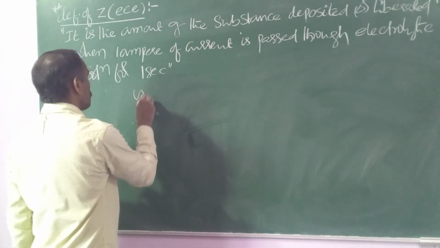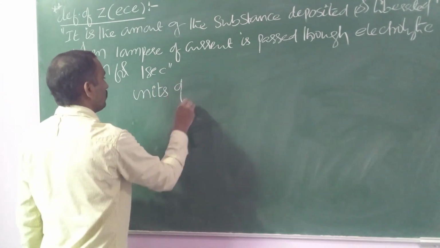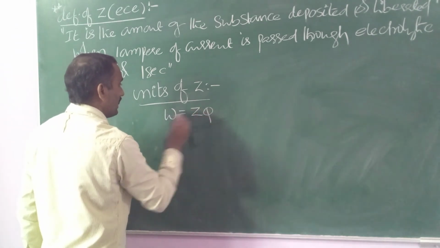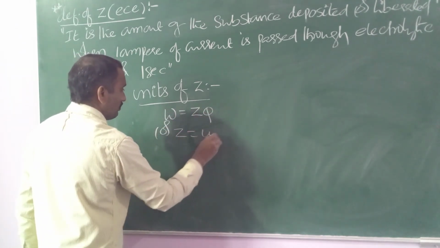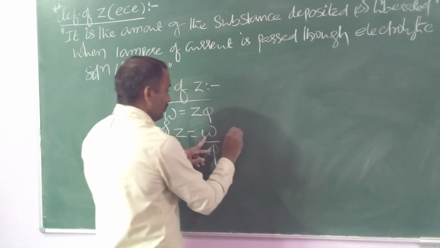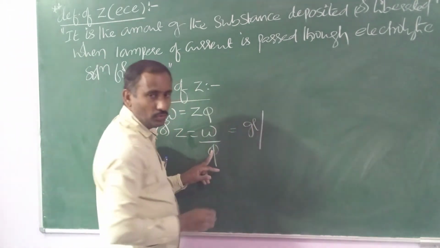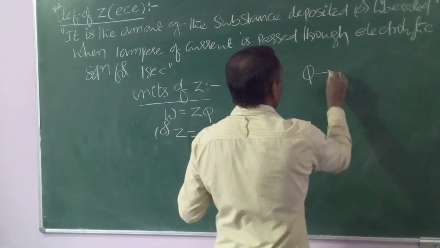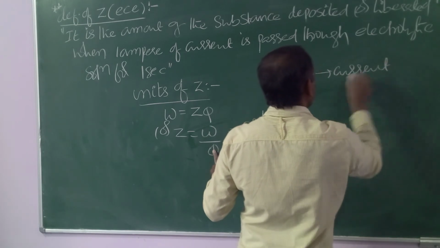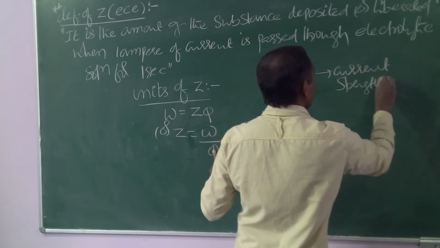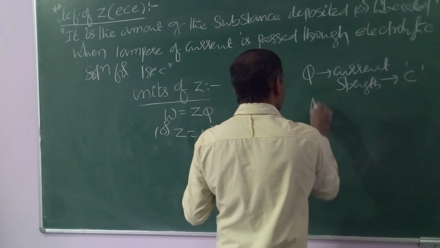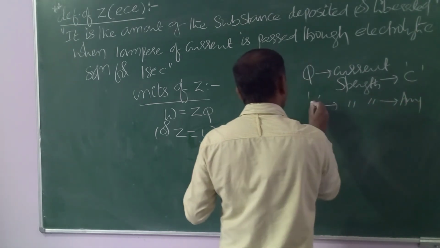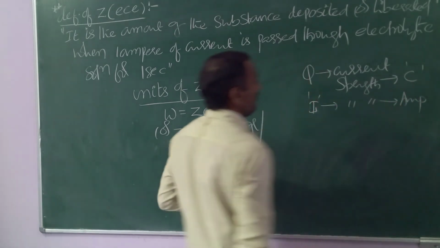Next, units of Z. W equal to ZQ, or Z is equal to W by Q. Weight units grams, per Q units. Q is nothing but current strength in coulombs, symbol C. Don't get confused: I is nothing but current strength in amperes.